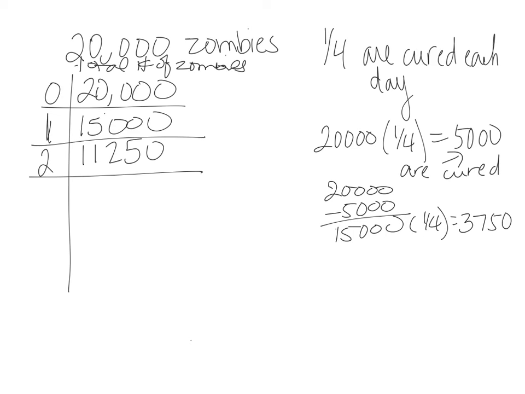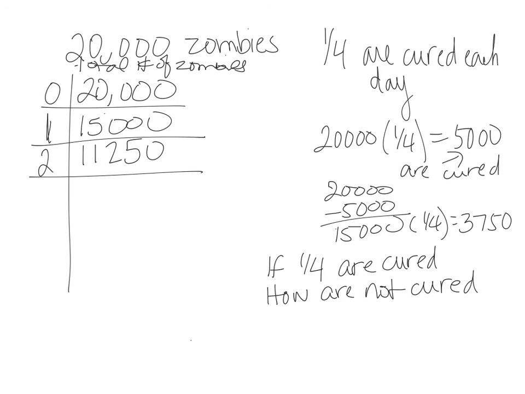But how do we figure out the factor? It's not as easy to look at as just saying, oh, I multiplied by 3 every time. We don't generally see that when we're looking at fractions. So the question is, if 1/4 are cured, how many are not cured? Because that's what goes in our table.